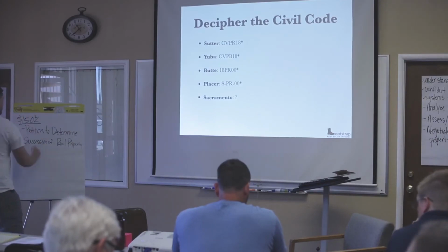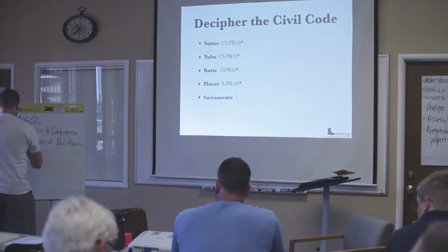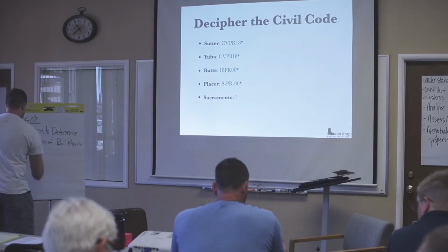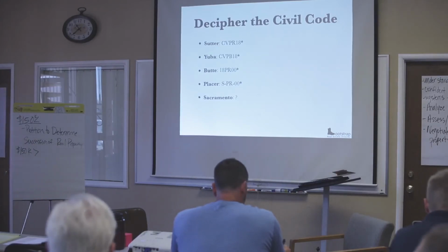California has these crazy laws with these limits. The second one is if it is greater than $150,000, it is going to be a full-blown probate case, and they just label that as decedent's estate.